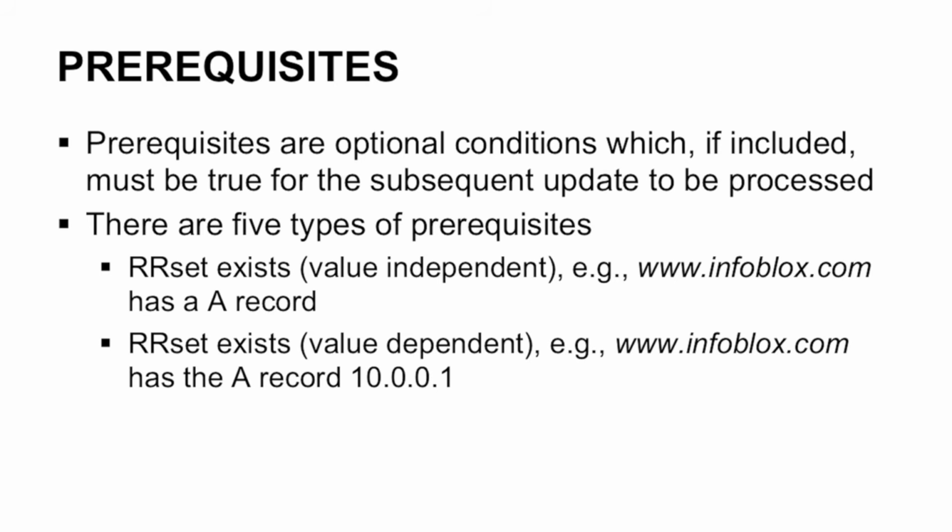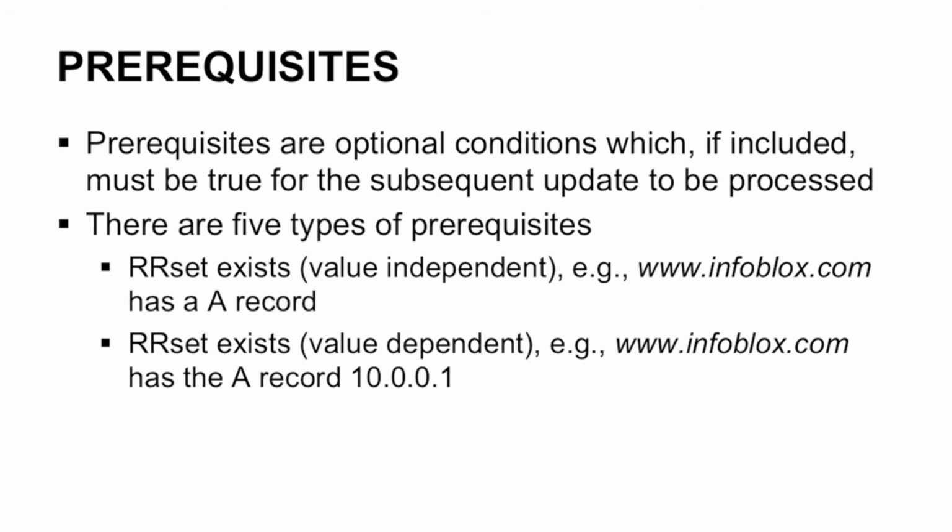The prerequisite section contains an optional set of conditions which, if included, must be true in order for the subsequent update to be processed. There are 5 types of prerequisites: that an RRset exists, which is value independent. For example, www.infoblocks.com has at least one A record. That an RRset exists, but the value is dependent.